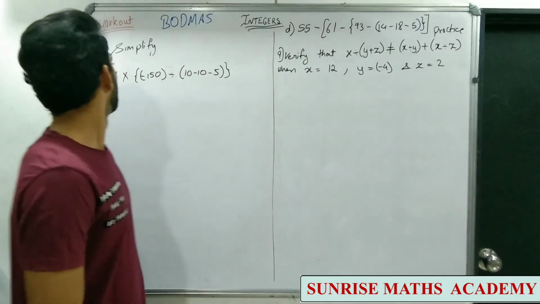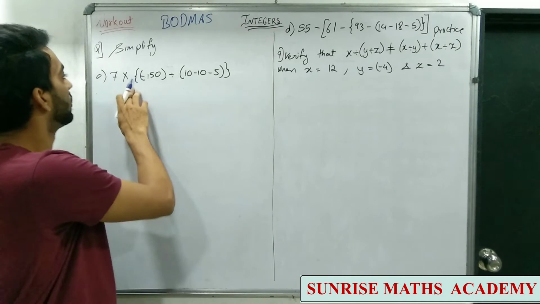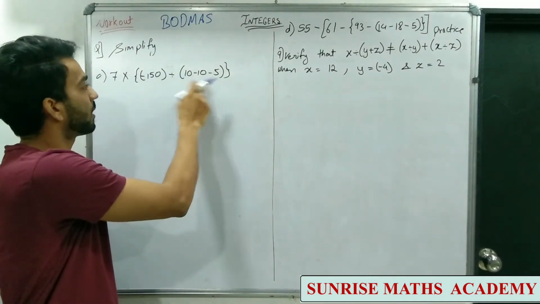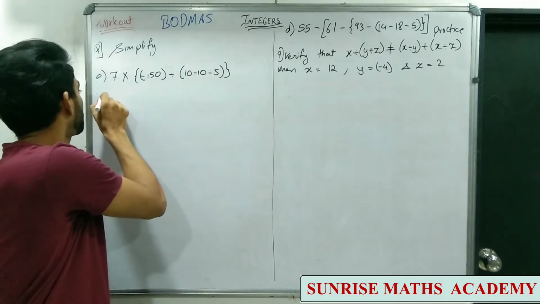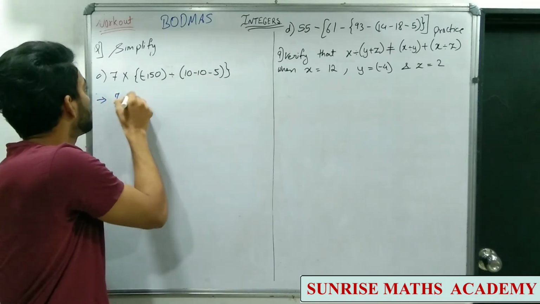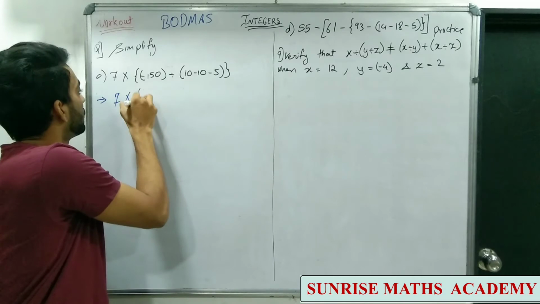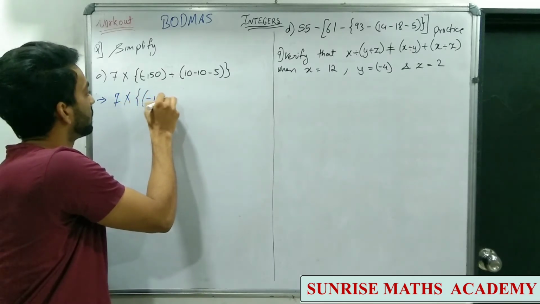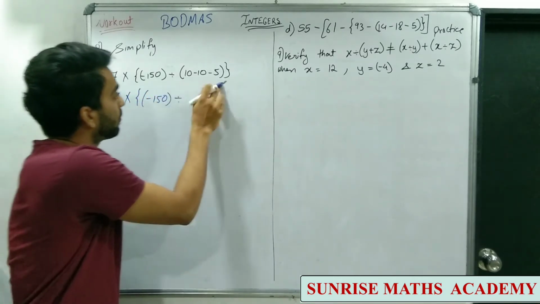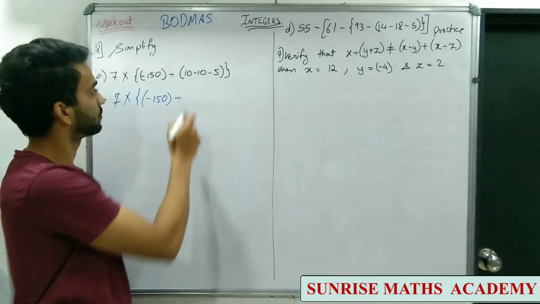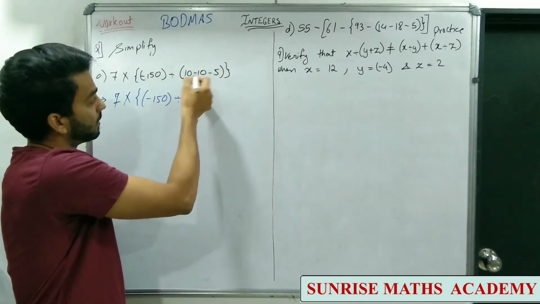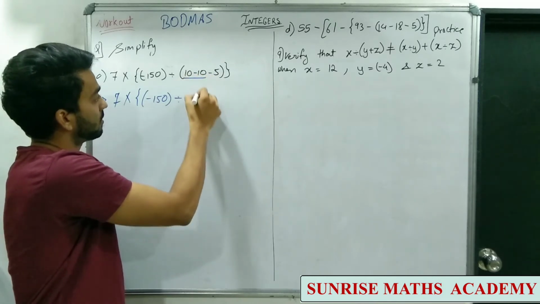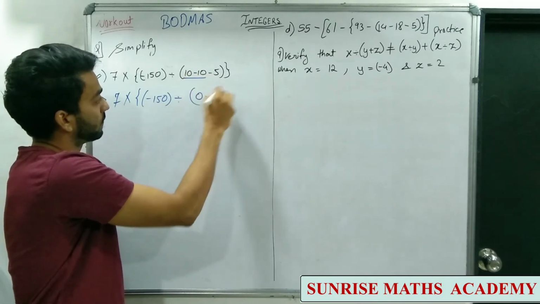The next one: 7 into curly bracket minus 50 divided by round bracket 10 minus 10 minus 5. So this round bracket we have to solve first. 7 into, the rest of the expression will be written as it is. In the round bracket we are solving, we can do 10 minus 10 first, which is 0, and then 0 minus 5.